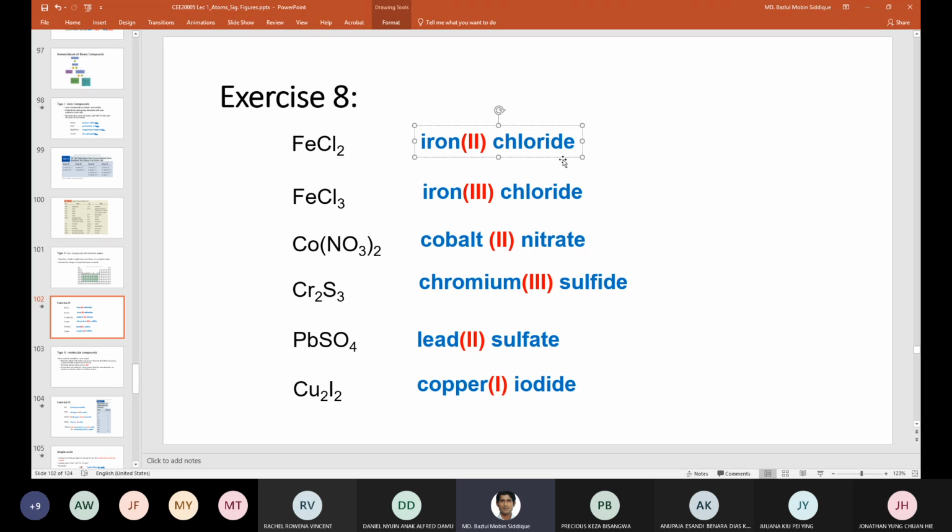So this nitrate, ide, all those things stay for this type 2 name, but the only new thing added is the oxidation state, 2 or 3 or whatever it should be. Chromium sulfide. Chromium has 3 oxidation state, and that is why 3 is given. Lead sulfate, copper iodide. All of these are named in that way.